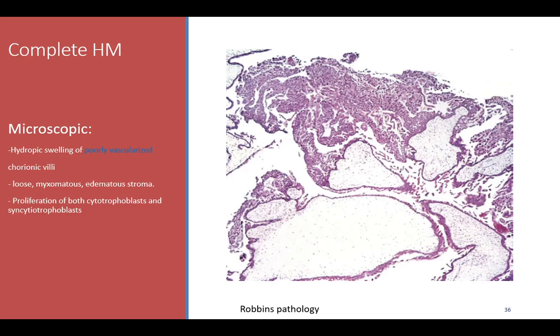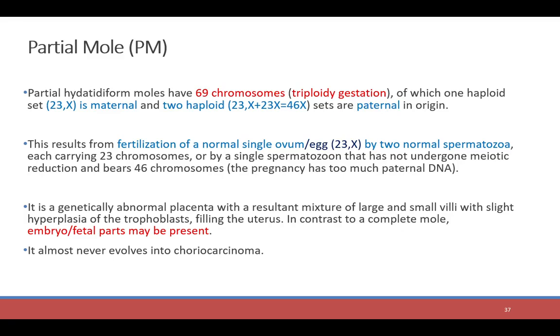In partial mole, some villi show hyperplasia of the trophoblast. In complete mole, all the villi show loss of blood vessels. In partial mole, some villi show. See the difference, it is partial. Everything looks less than the complete mole. This is the difference between the two.